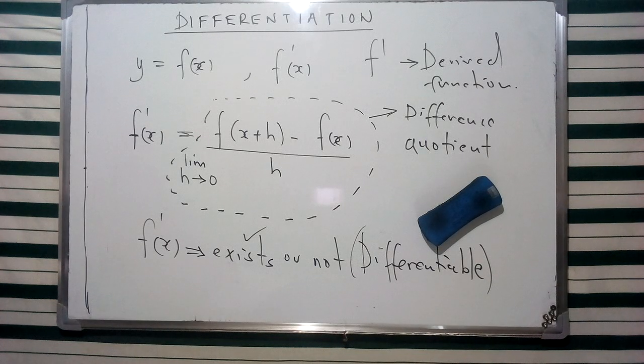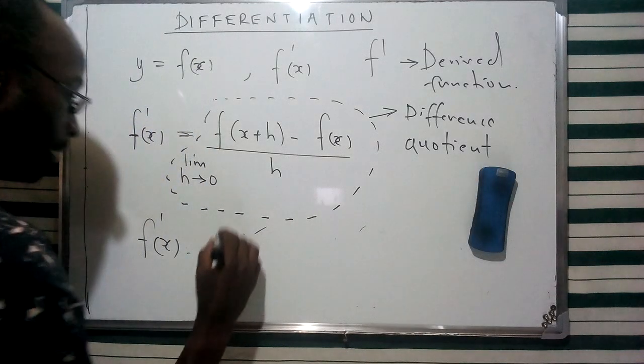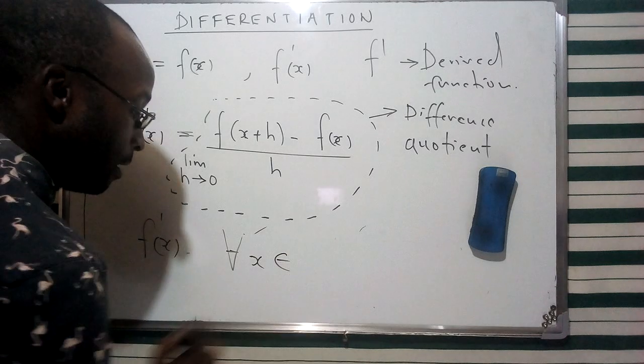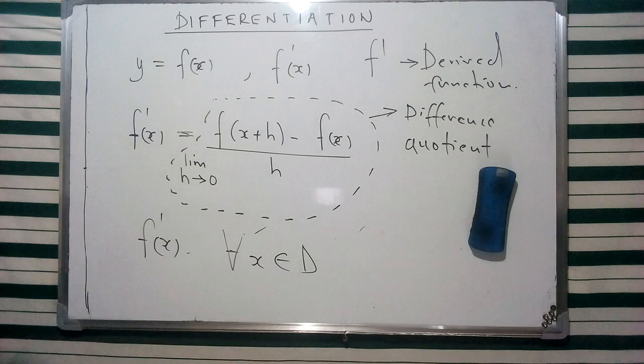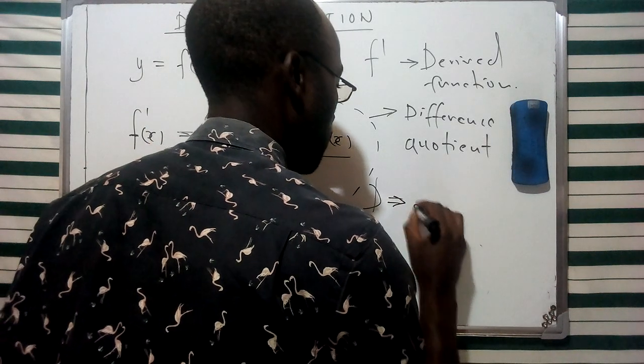If f prime of x exists, then x forms a set of all numbers consisting of values of D, where D implies the domain.